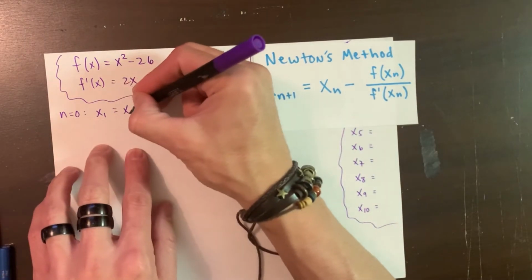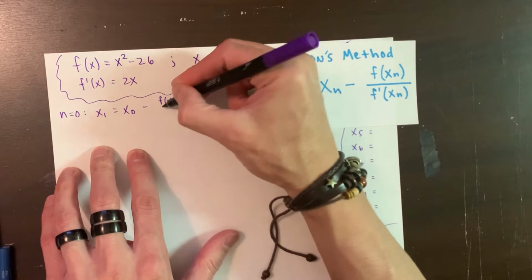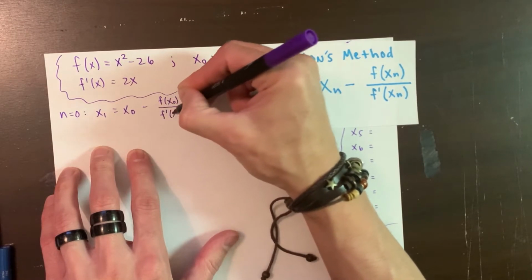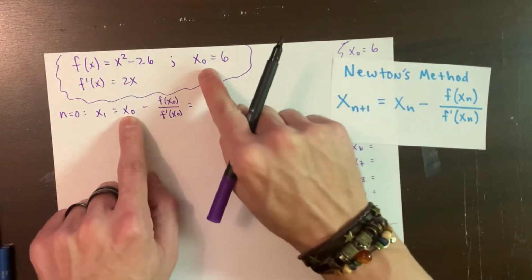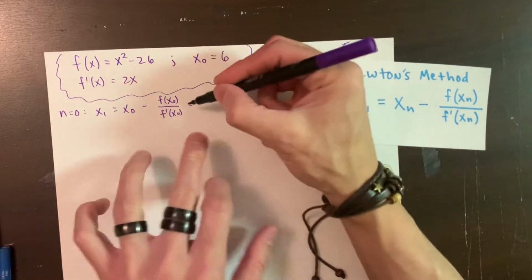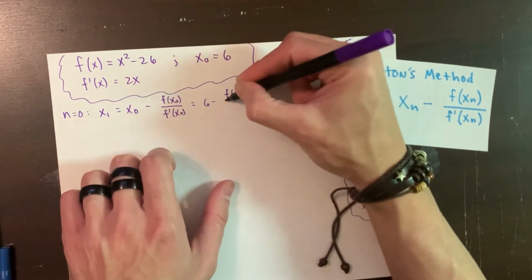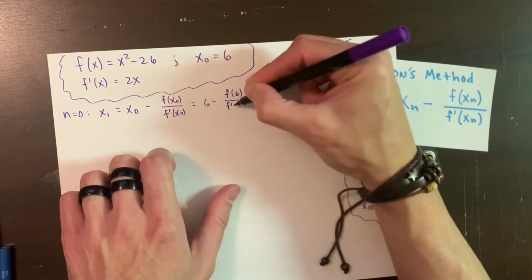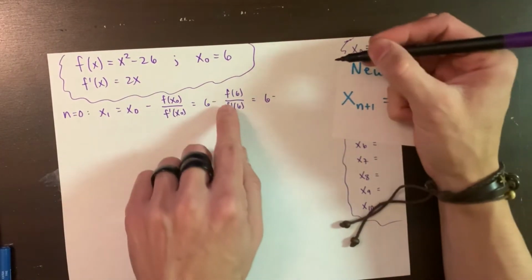So this would be x0 minus f of x0 over f prime of x0. And we know what x naught is, it's just 6 minus f of 6 over f prime of 6.